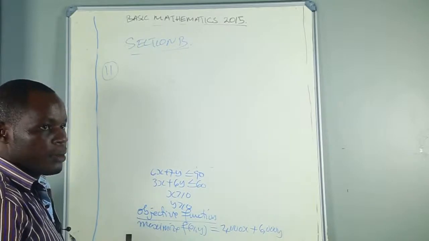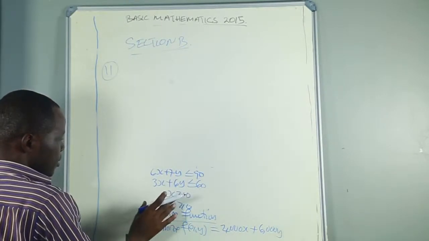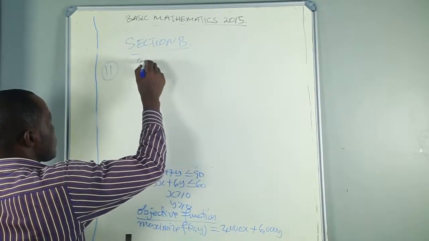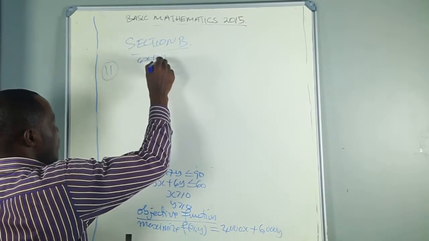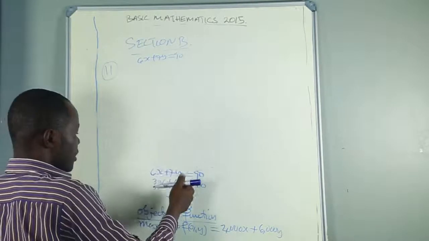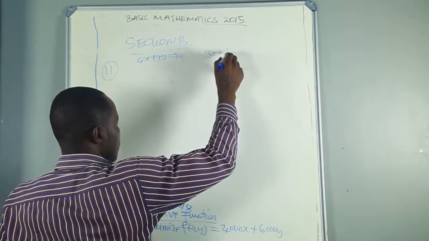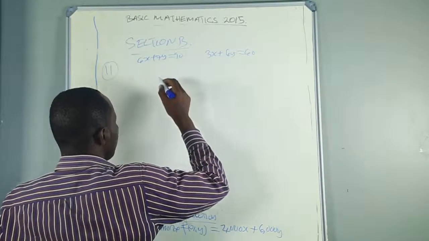So first we make a table of values. For the first inequality, 6x plus 7y, we put an equal sign, equal to 90. The second inequality is 3x plus 6y, equal to 60.